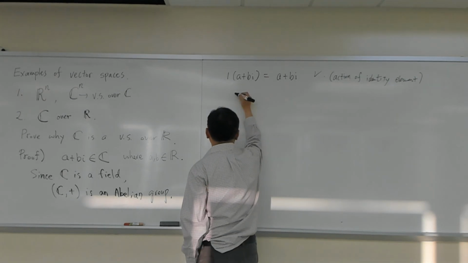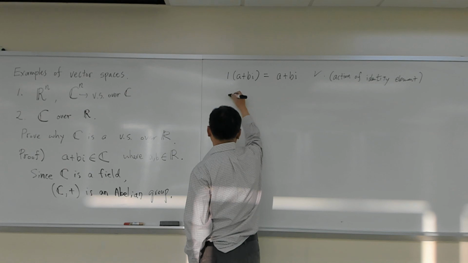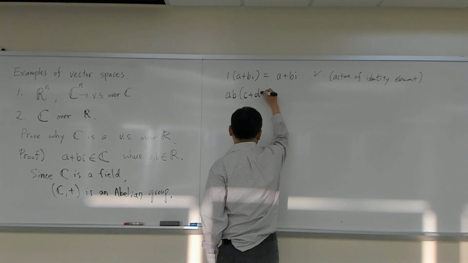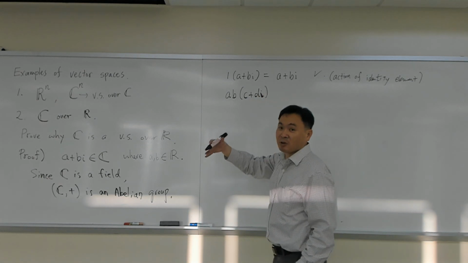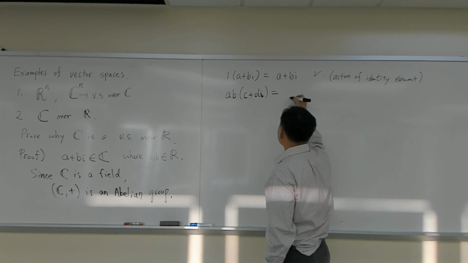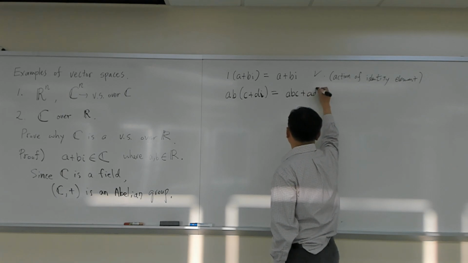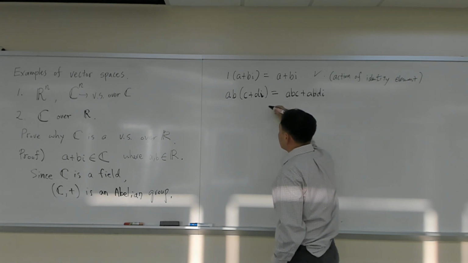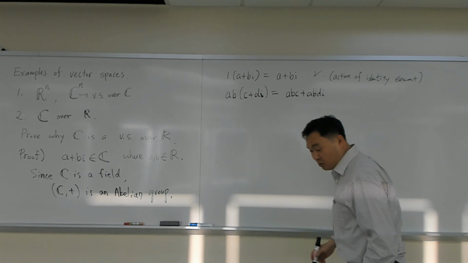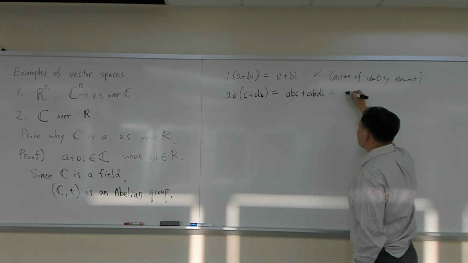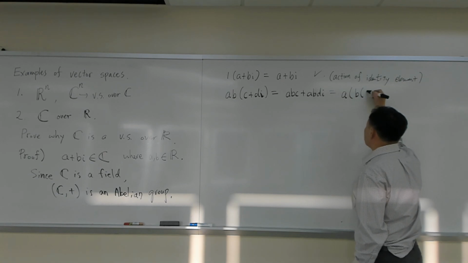And then there's a compatibility condition, which is like if you have a times b, and then there's a c + di. So I'm thinking of c + di as some arbitrary element in C. And this is definitely the same as abc + abdi by the usual multiplication rule in complex numbers, but then you can rewrite this as a times b times (c + di).